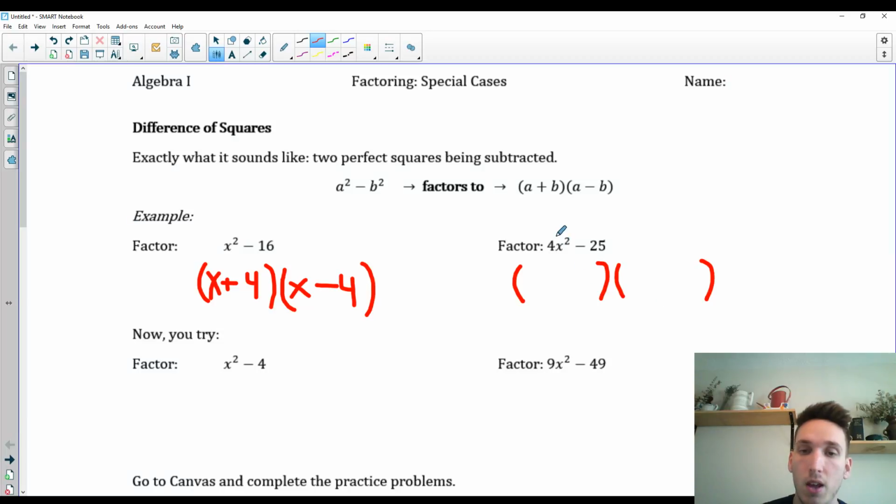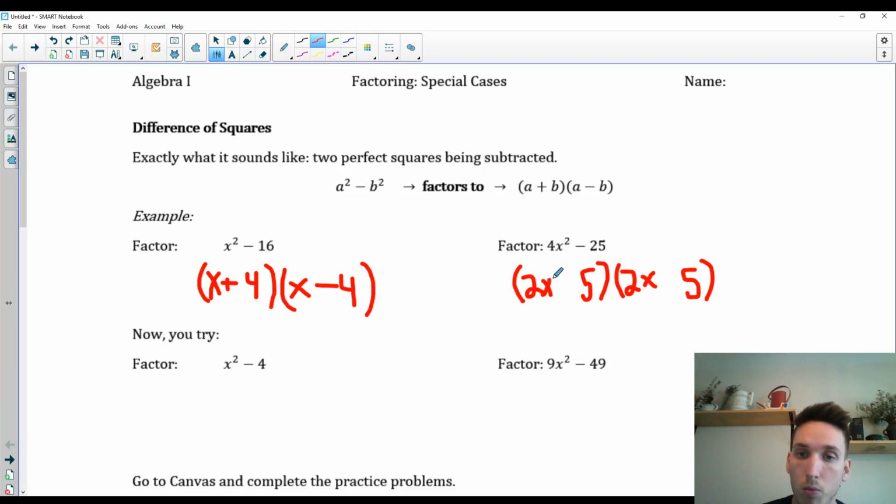The square root of 4x squared: the square root of 4 is 2, the square root of x squared is x. So I'm going to need a 2x as the first term in both of those. Square root of 25 is 5. Weird looking 5, but we'll roll with it.